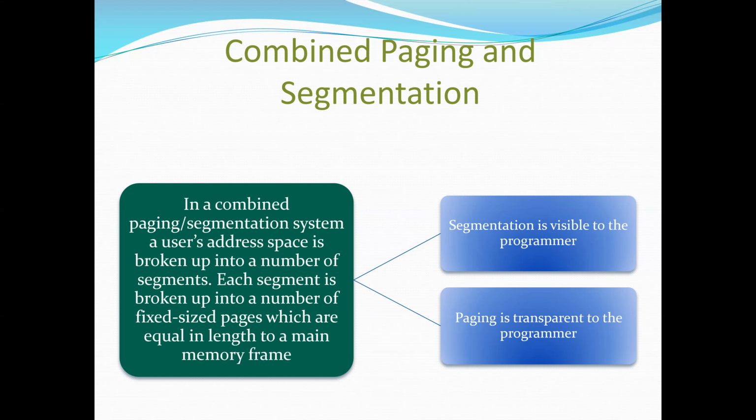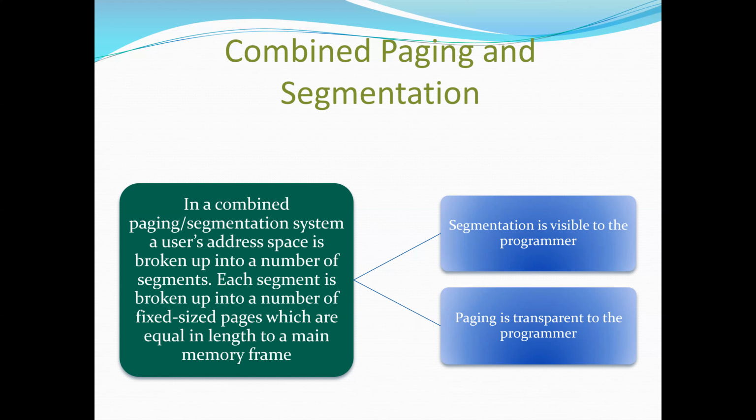Again, it's very typical to associate a unique segment table with each process. In this case, however, the segment table entries become more complex, because only some of the segments of a process may be in the main memory.